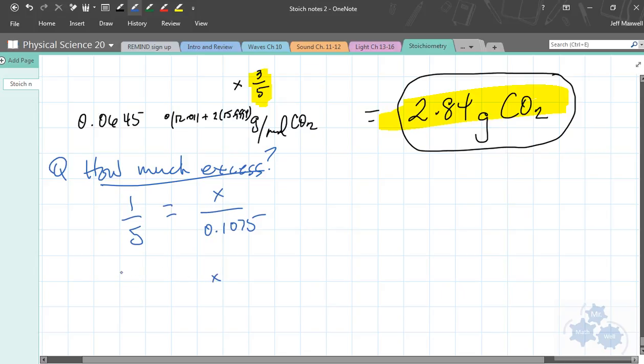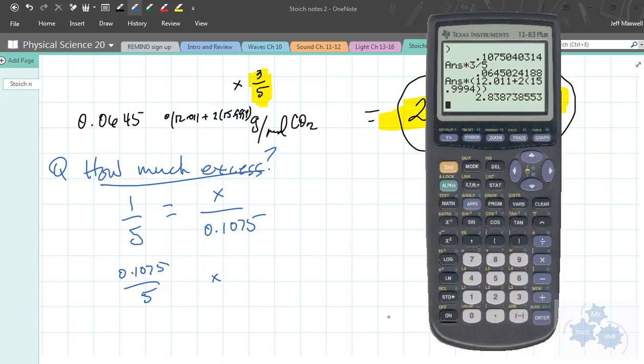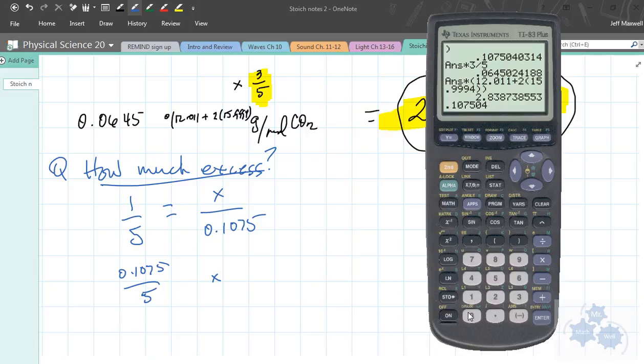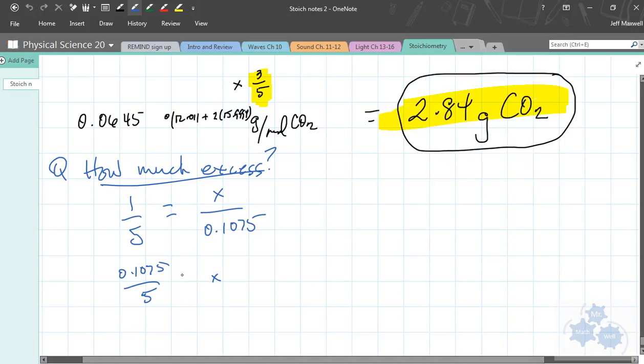And so x is going to be 0.1075 divided by 5. It's actually 0.1075 and some more digits divided by 5. So what's actually going to match up with this is going to be 0.0215.